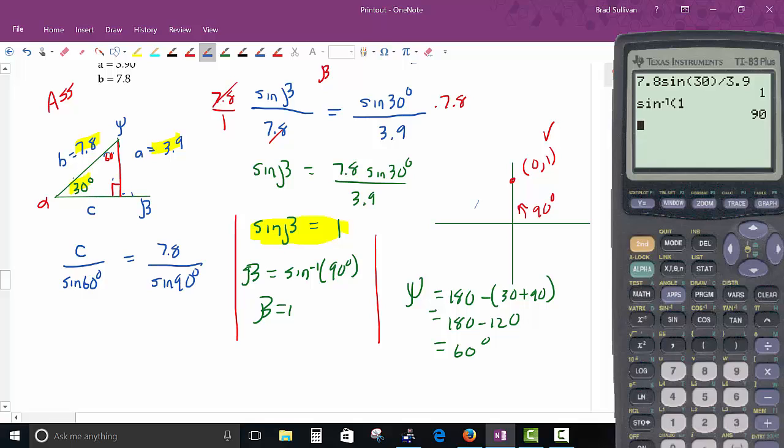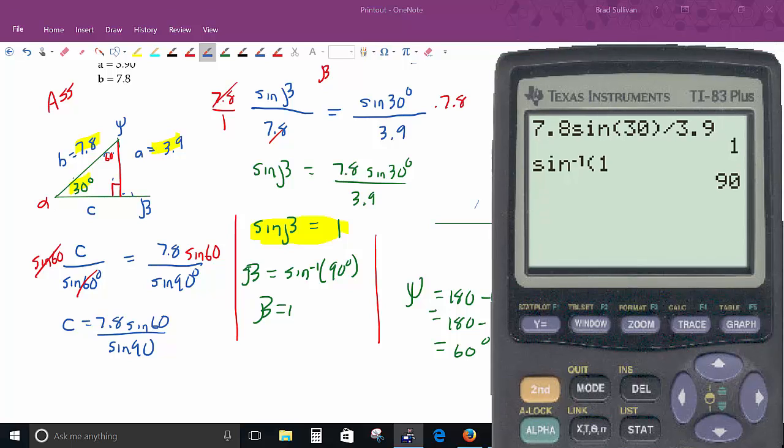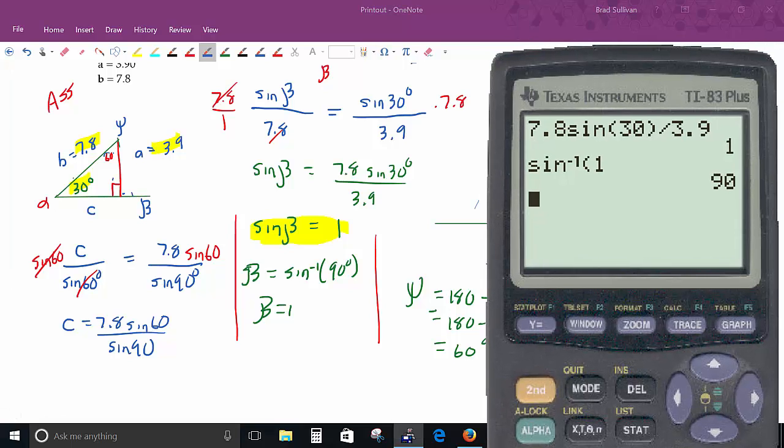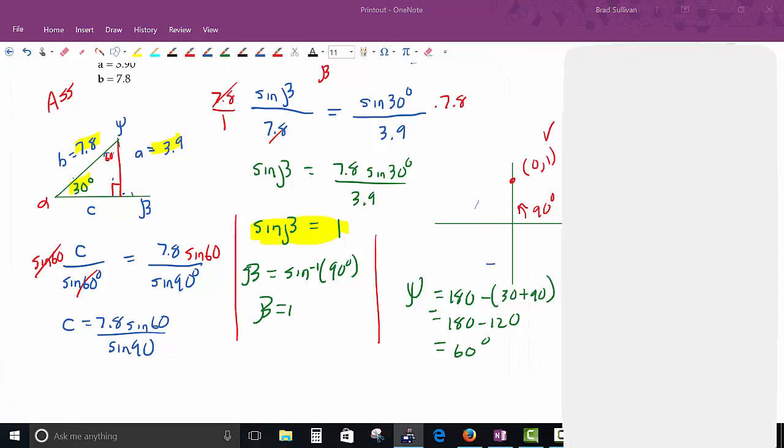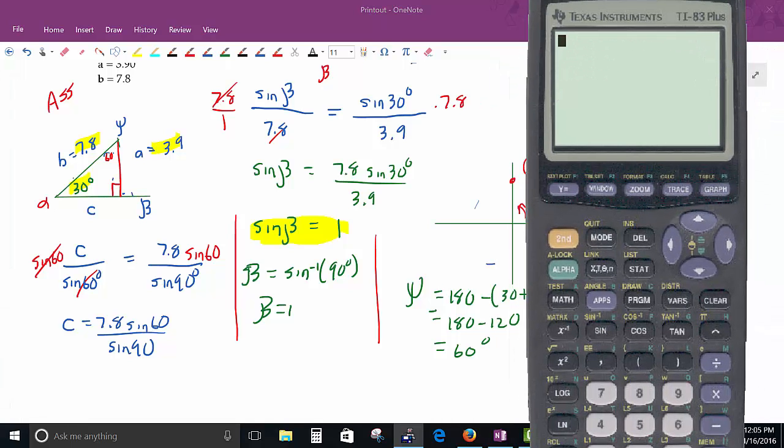And really you can multiply both sides by the sine of 60, which isolates the C. So that's going to give me C is equal to 7.8 times the sine of 60 all over the sine of 90. And the sine of 90 is 1, really. So then I can put this in the calculator and get this crunched out.